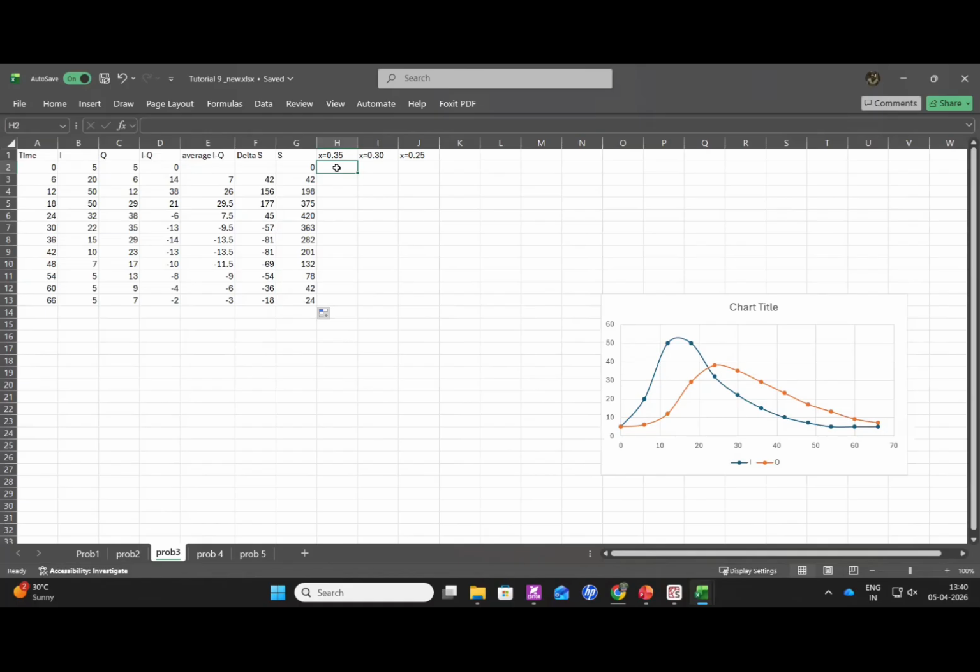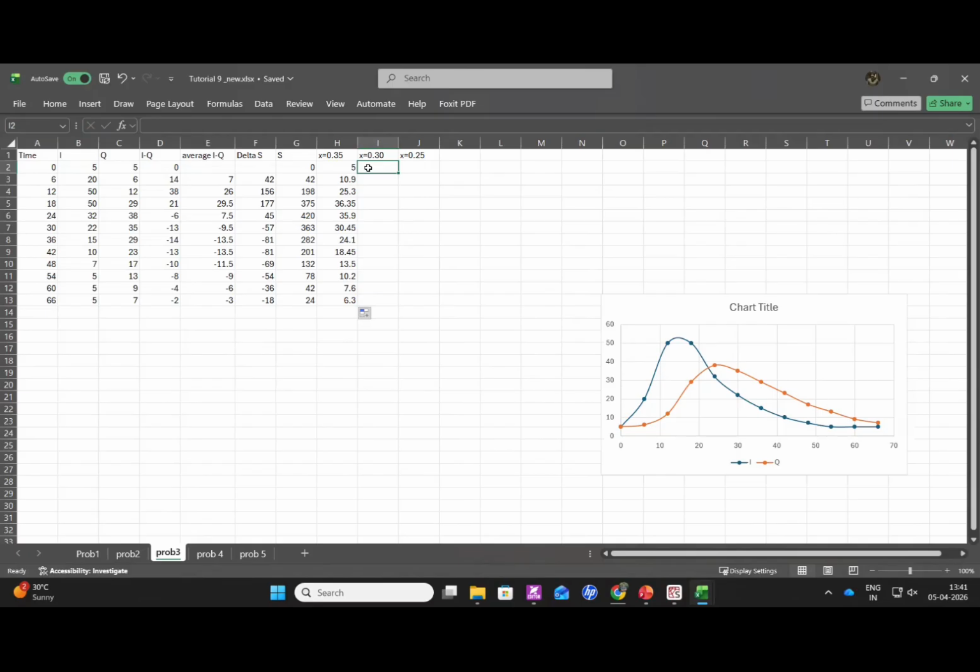So let's say I take a value of 0.35, so x is 0.35 into I, the inflow, plus 1 minus x, which is 0.65, into the value of Q, and then you plot this. Once you compute this, this is going to be your S value. So the Muskingum equation gives the value of S, and this is for 0.35.